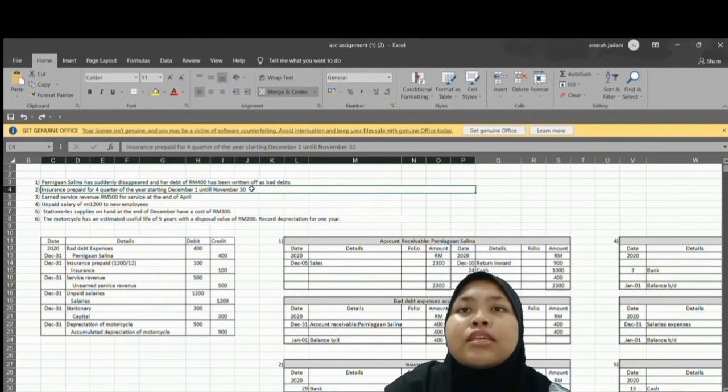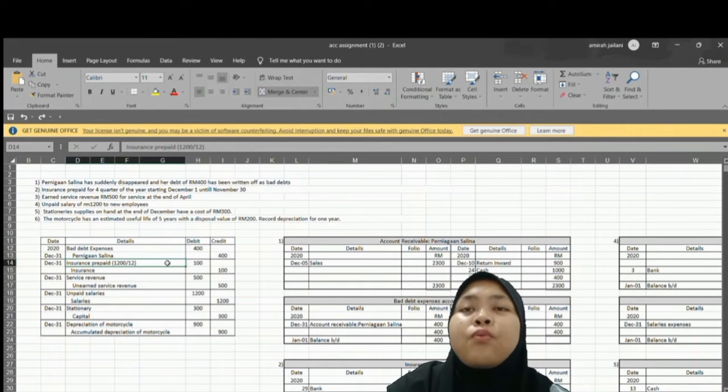For number 2, insurance prepaid for 4 quarter of years starting December 1 until November 30. So as we can see here, perniagaan Encik Ahmad should actually pay just for 1 month, which is for December, but what his company do is they pay insurance for 1 year.